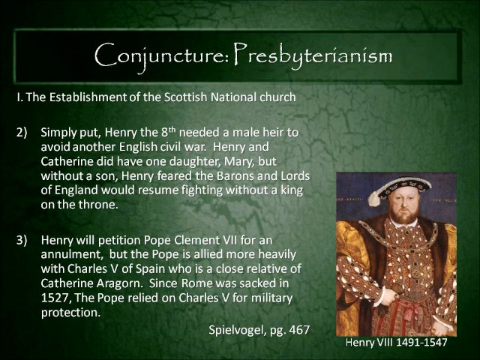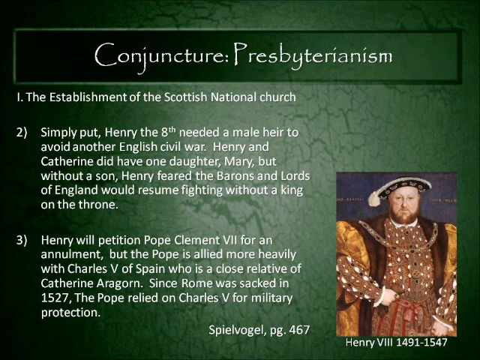And so, when Henry finally comes to power, he realizes that if he wants to avoid another English Civil War, he'd better have a male issue on the throne. And so, Henry and Catherine will have a daughter, Mary. But they won't have a son.